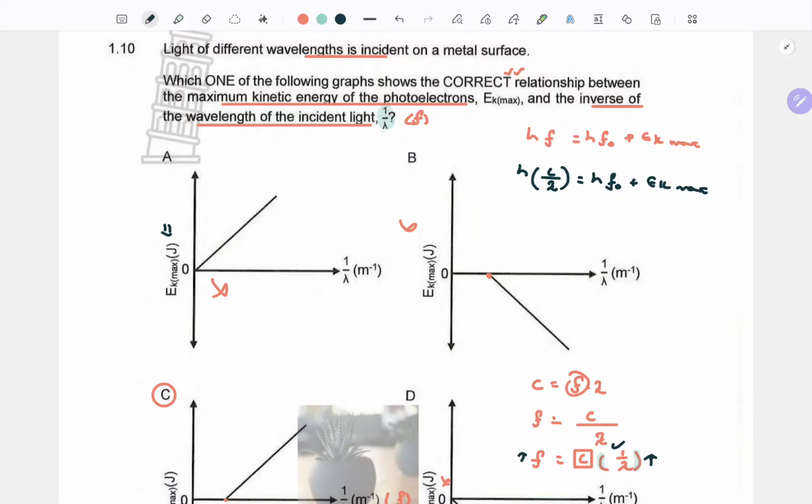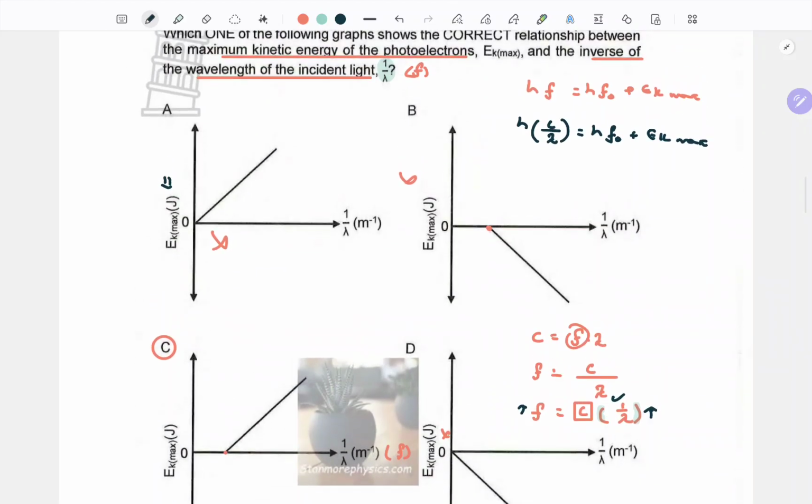On the y-axis, we've got EK max for each of these graphs. So we make this one the subject. EK max is going to be equal to HC, taking them as a common factor, times the inverse of lambda, subtracting the work function.